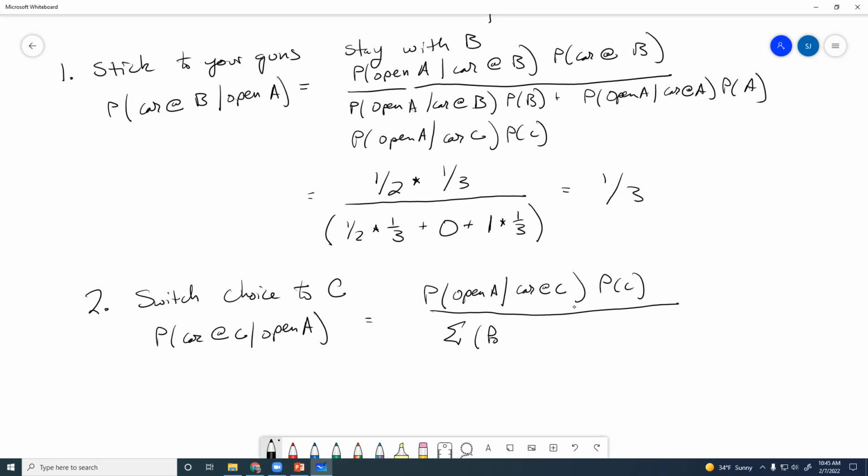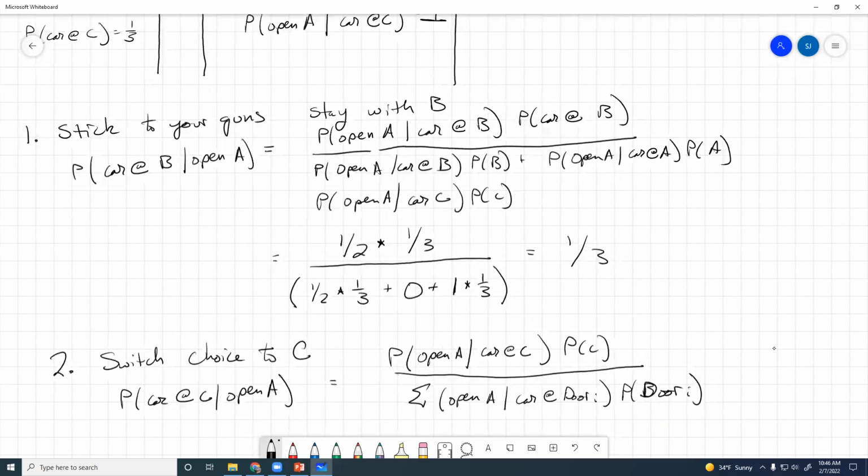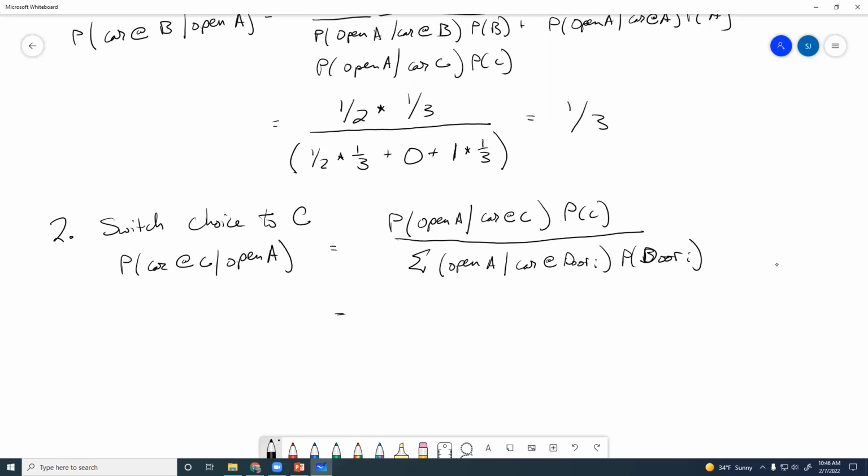So the probability that we open A, given the car is at some door I, which ends up being this same term. So now this equals the probability that he opens A, given that the car is at C. That's 1, because you chose B, right?